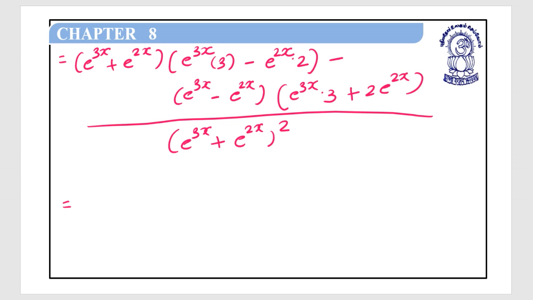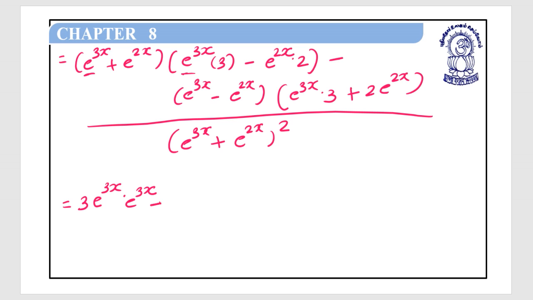Now multiply 3 e raised to 3x with this first term, 3 into e raised to 3x into e raised to 3x.